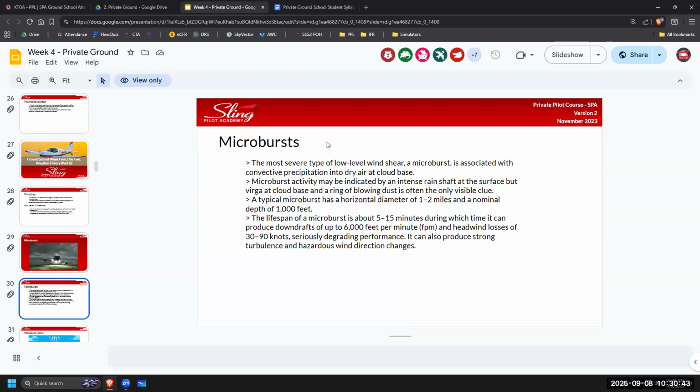Descending column of air. The other one looks pretty centralized into a column. That doesn't look like a real picture. It's a real one. I don't have a lot of real examples.